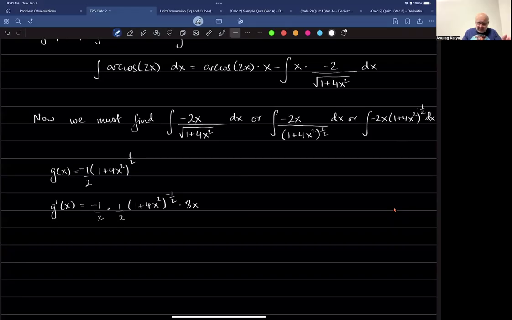So now I have 2 goes into 8 4 times, 2 goes into 4 twice, and then I have a negative 1 times 2, so that's negative 2x, 1 plus 4x squared to the negative 1/2, voila. So that means that my modified guess g of x function is indeed the antiderivative of that function.